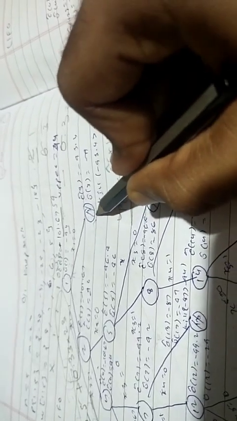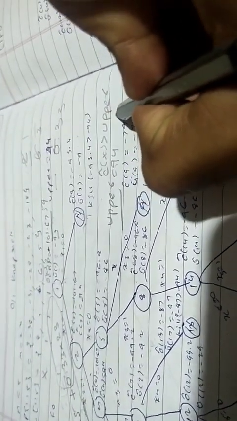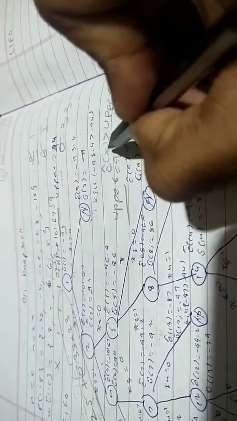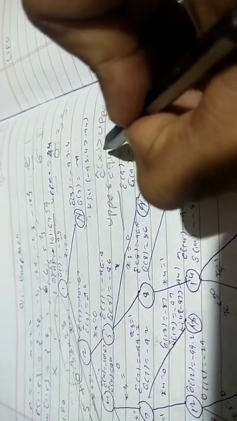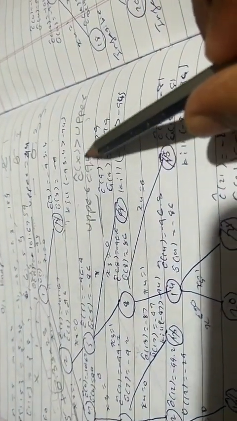Okay, so what is C cap of x? C cap of x is minus 93.4, and upper is 94. So C cap is greater, that is minus 93.4 is greater than upper, therefore we kill this node. To kill this node, this condition needs to be checked.